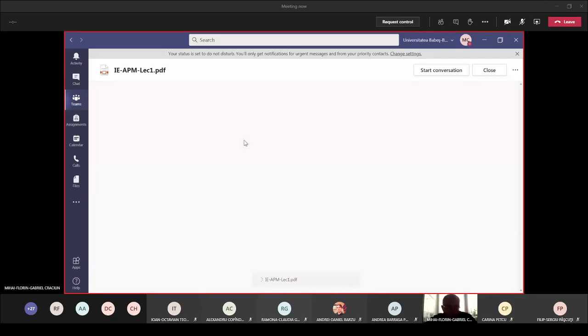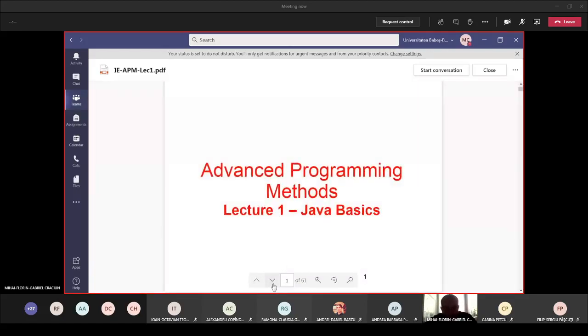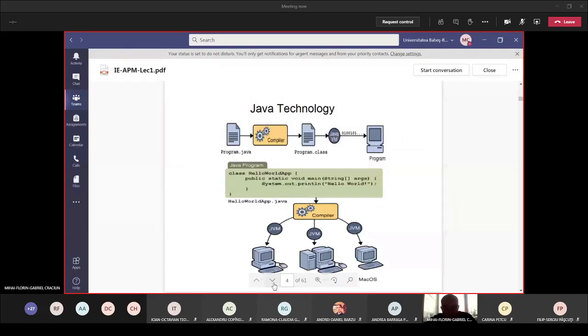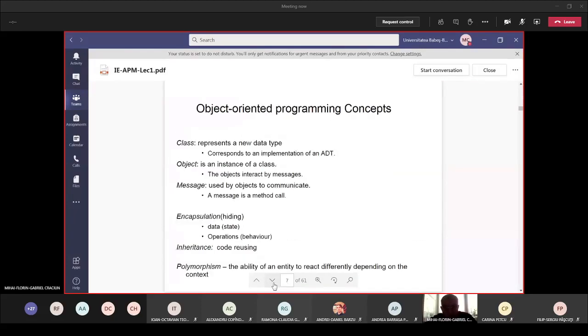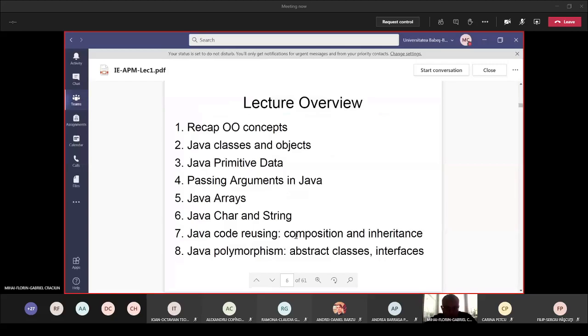So in the first lecture, we introduced the Java basics. These are very simple things, but perhaps it's good to take a look. The first problem and the last problem from the theoretical part of the final exam will be some examples of these concepts.